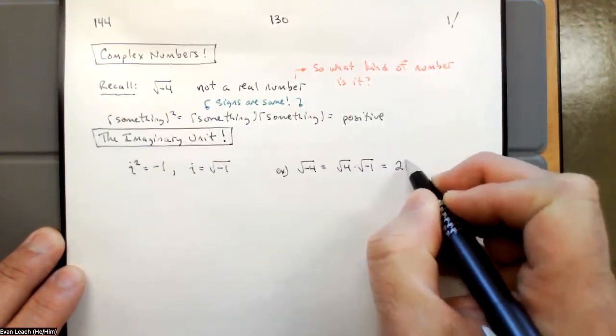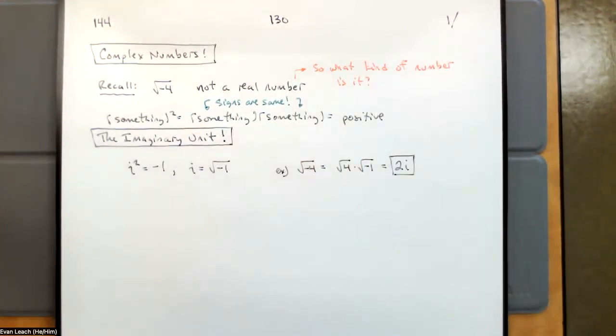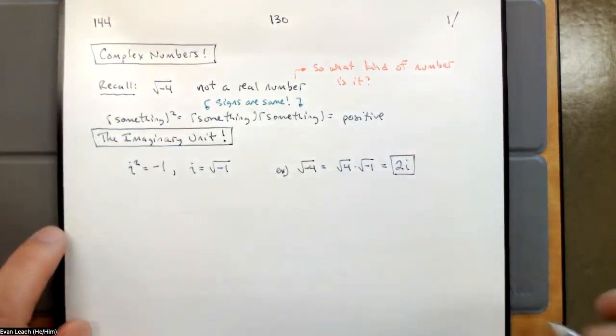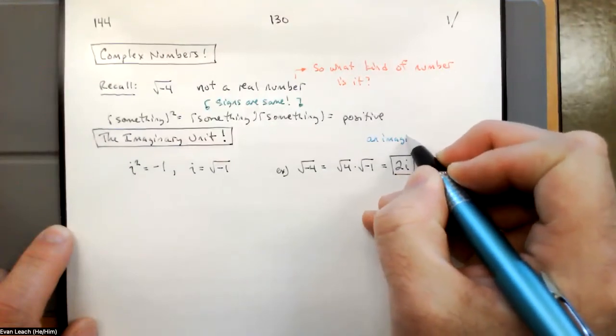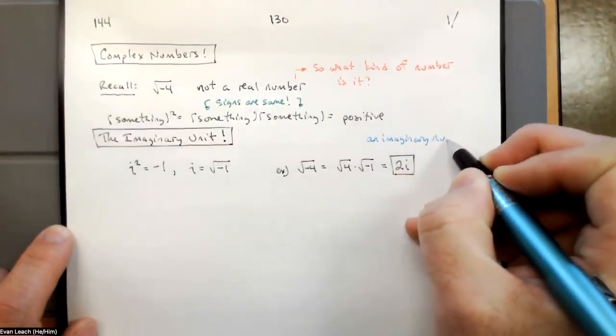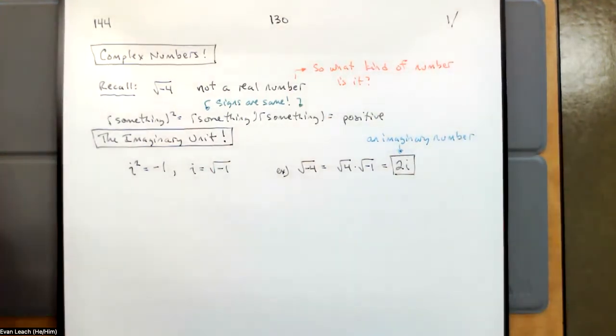So that's 2i. 2i is an imaginary number. This is how we'll deal with the square root of a negative number.